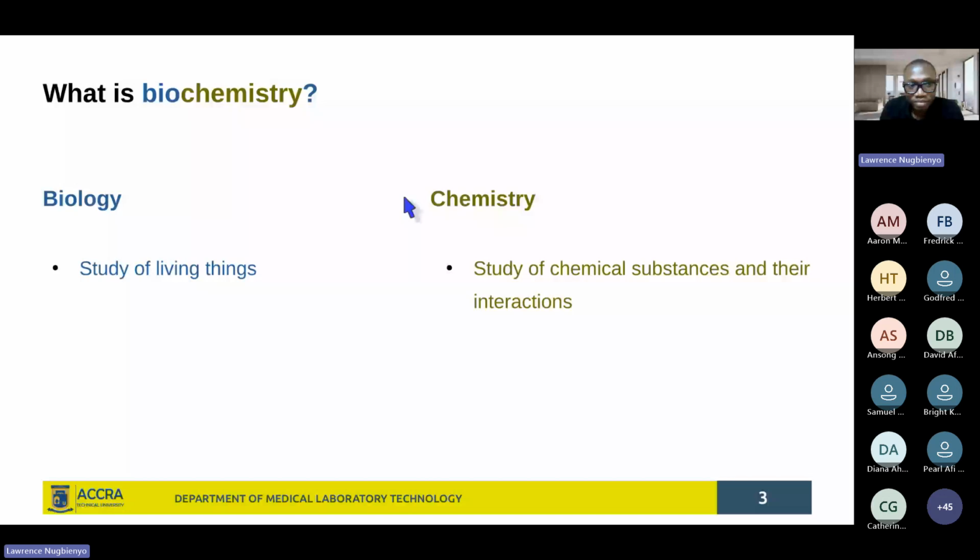Now you have a combination of this, which means the interaction of chemical substances in living things, or in a biological system. So that is chemistry in living things, the study of the chemical substances in living things. So that's what it is.